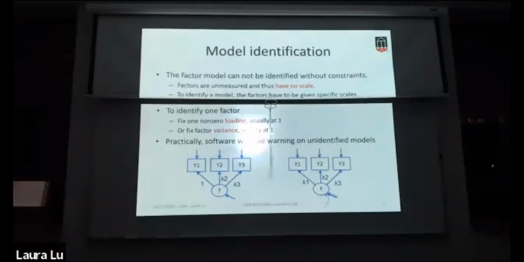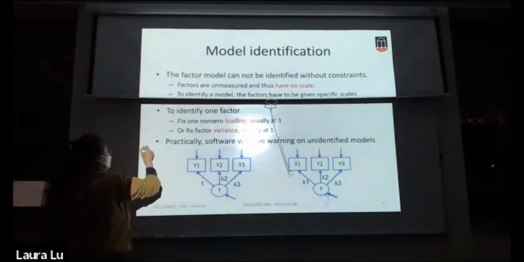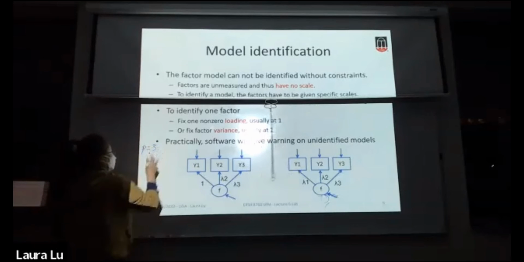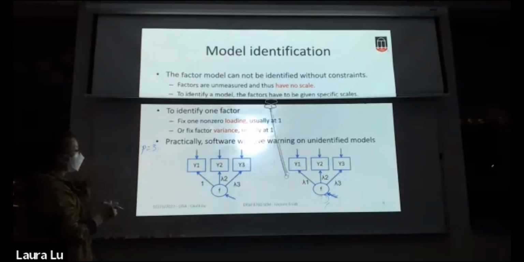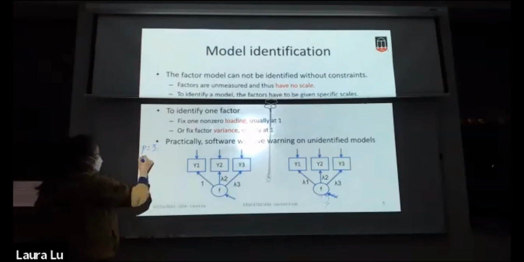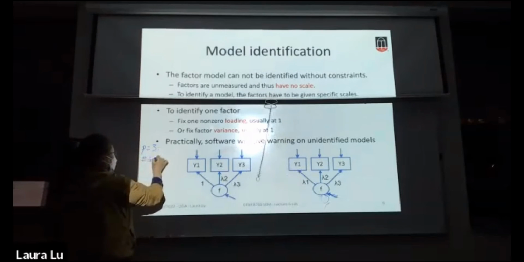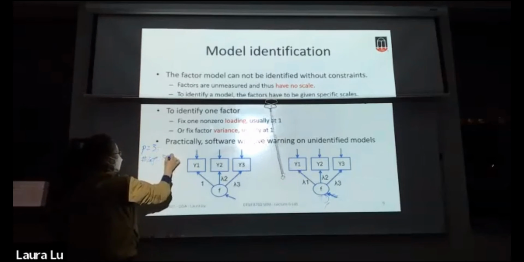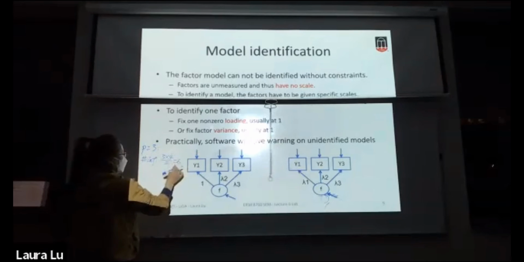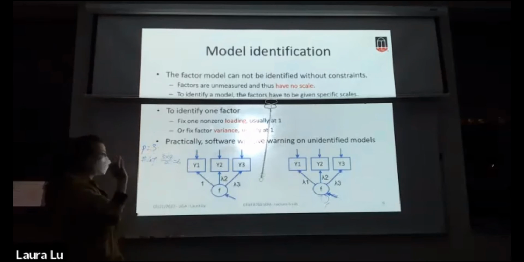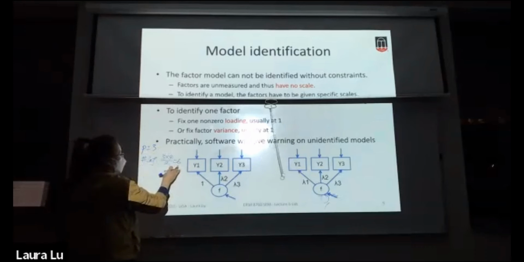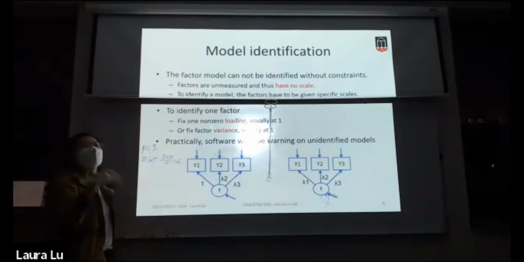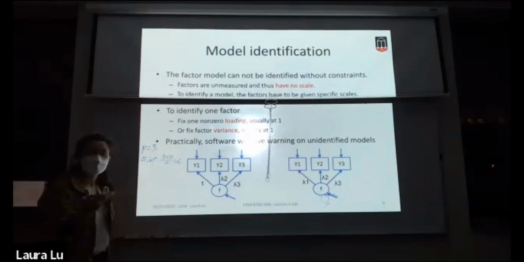Suppose we have 3 observed variables, so P is 3. What is the number of information? 3 times 4 divided by 2 is 6, right? So we have 6 pieces of information available for us to do the model estimation.